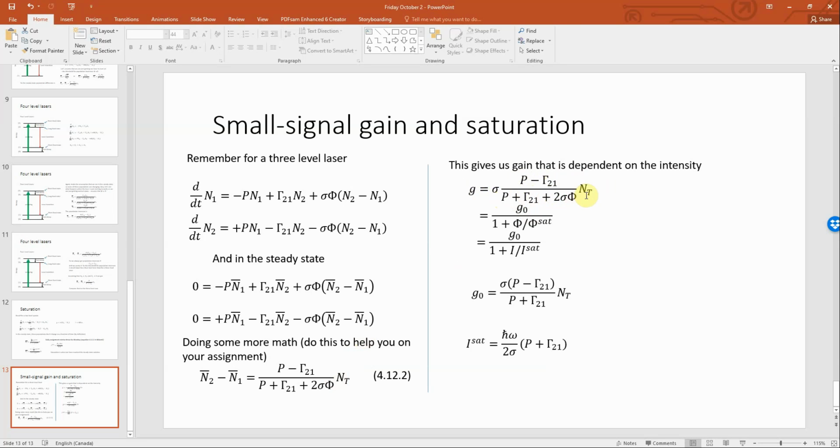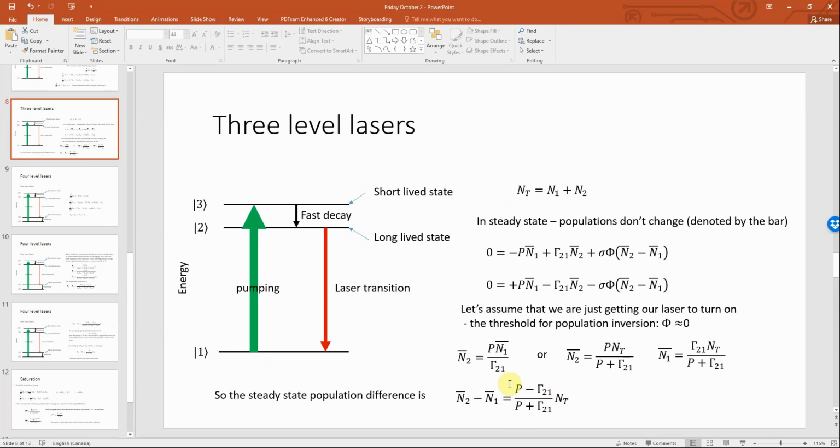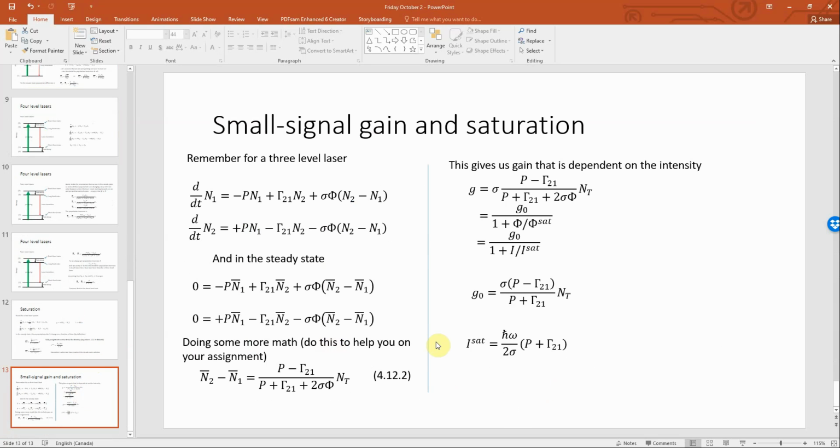times the total number of states in the system. Now, if you define your small signal gain like what we had done before, with P minus gamma 21 over P plus gamma 21, when there are basically no photons in the system, as this absorption cross-section times the pumping rate minus our decay rate over pumping rate plus our decay rate times the total number of states, then we can change this to the small signal gain over 1 plus phi over the saturation photon number, or 1 plus the intensity over the saturation intensity.